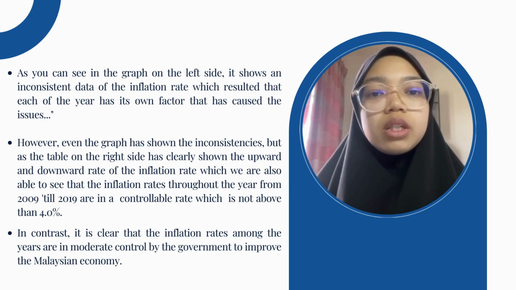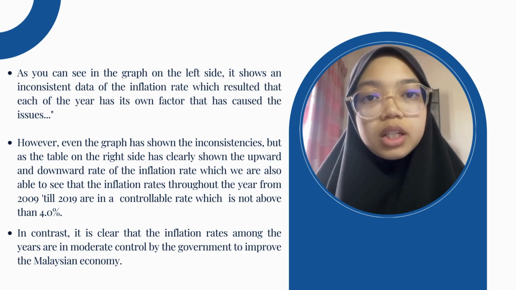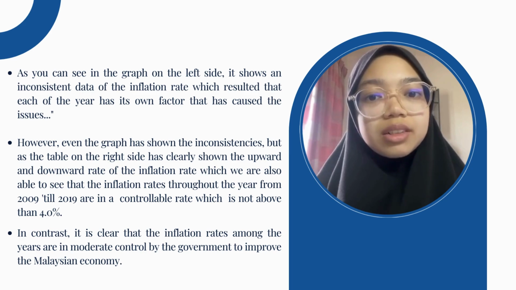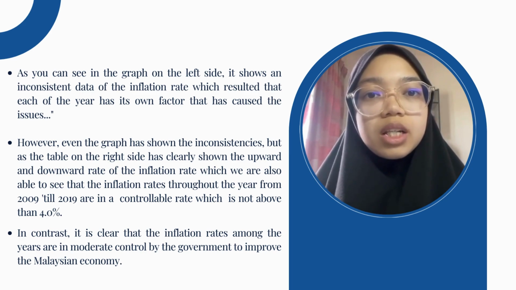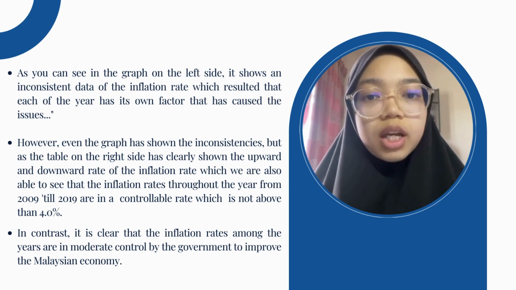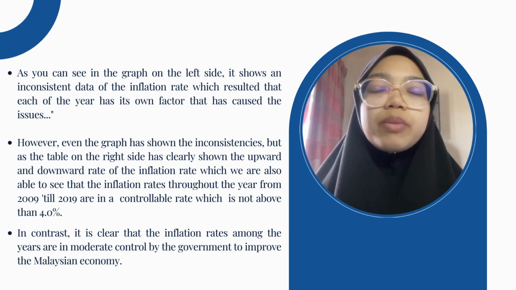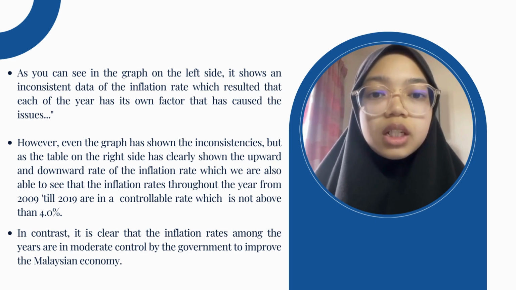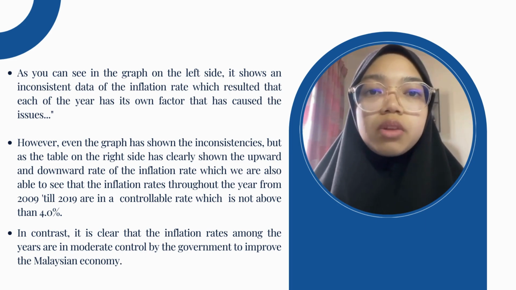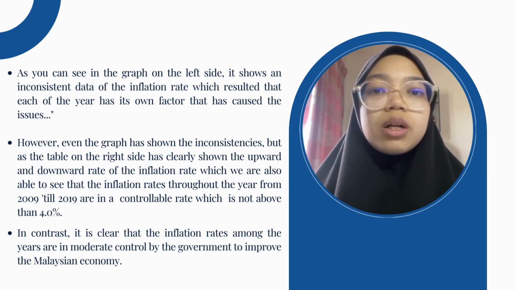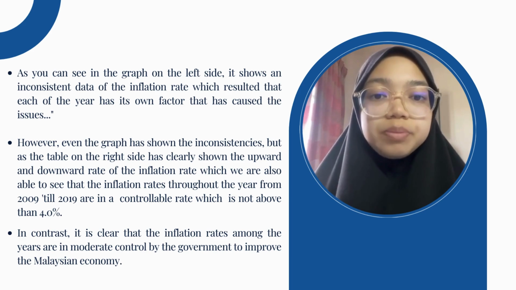However, even though the graph has shown the inconsistency, the table on the right side has clearly shown the upward and downward rate of the inflation rate, which also lets us see that the inflation rates throughout the years from 2009 until 2019 are still at a controllable rate, not above 4.0%.